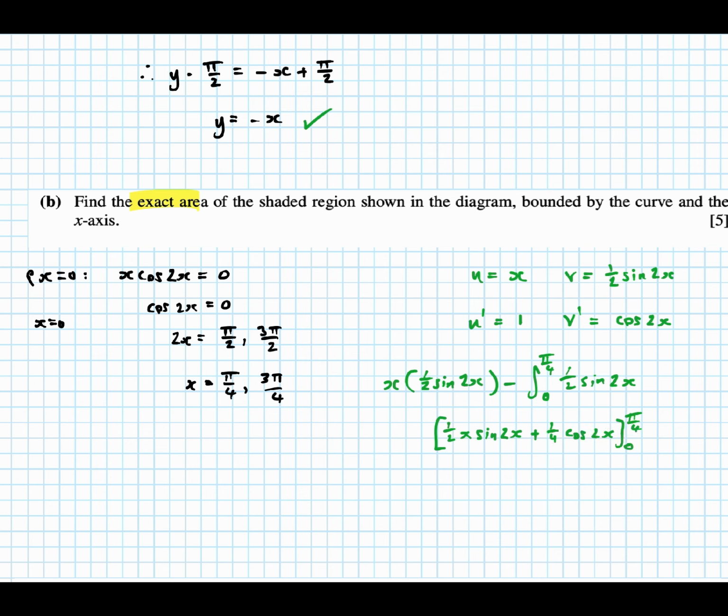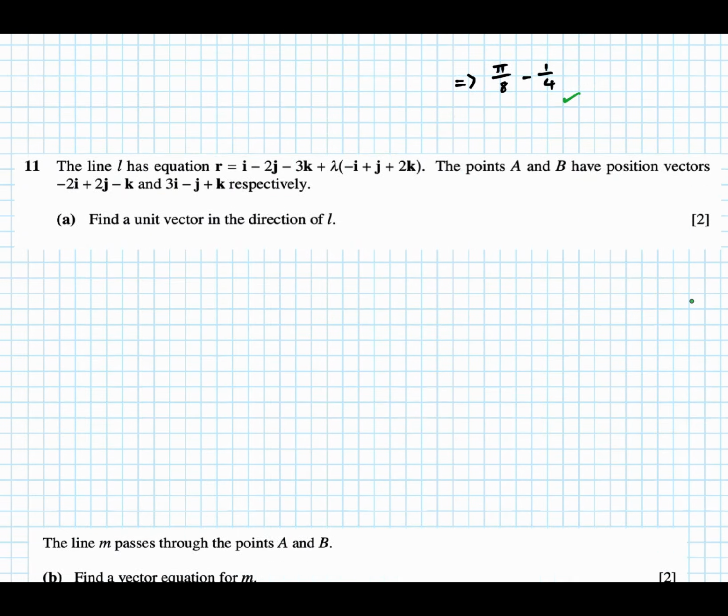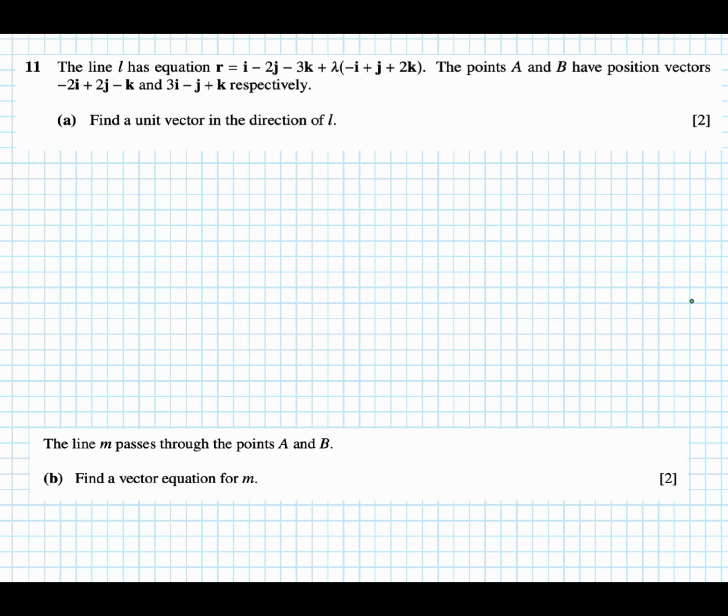Okay, and the calculator does the job, so pi over 8, and then 1 over 4. And again, you could use your ILATE, you're kind of checking what technique to use.